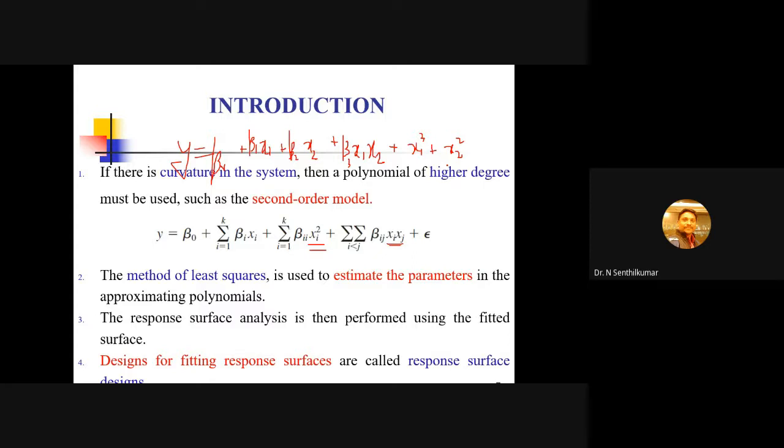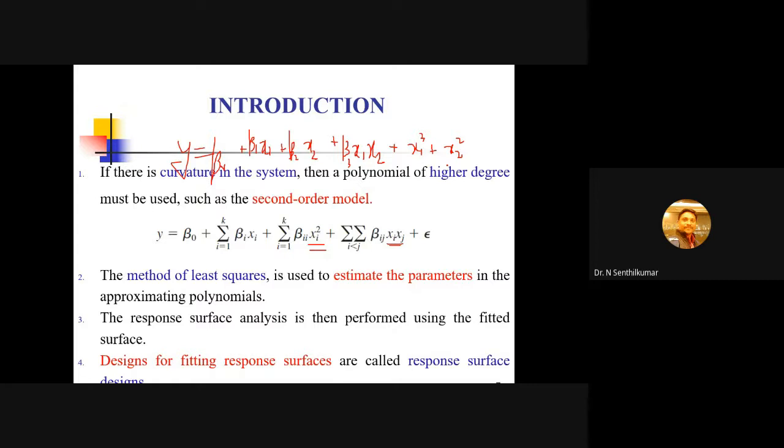One more important thing in RSM is we will have the same experiments repeated a larger number of times. One particular experiment will be repeated many times. That is what we call repetition or replication. Intendedly it is not made by the design itself, the replication is being made.